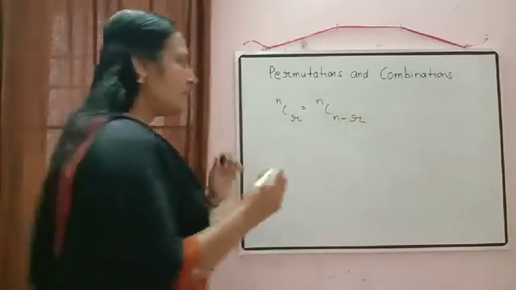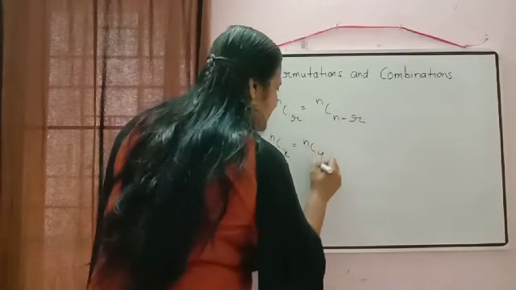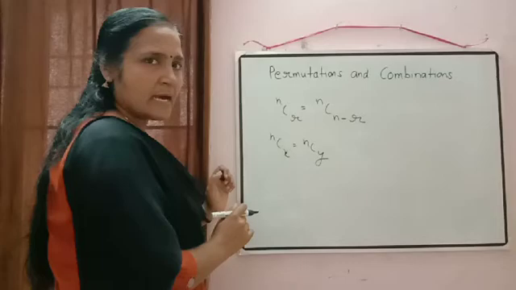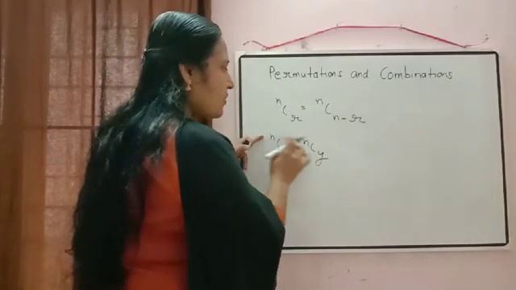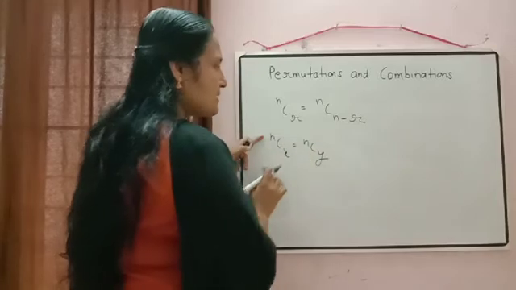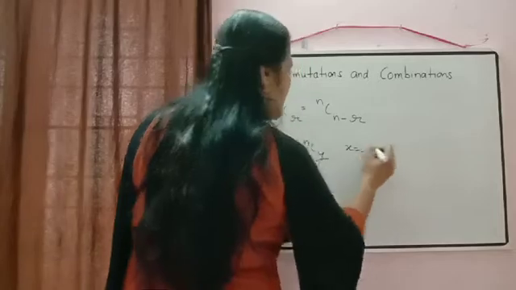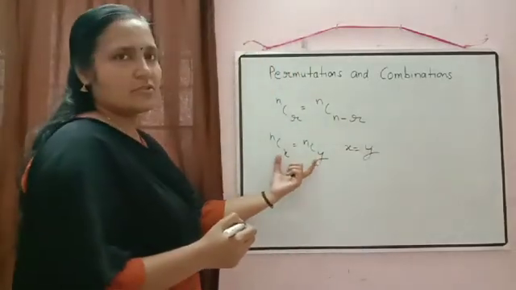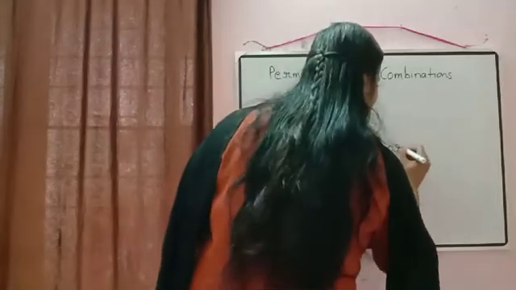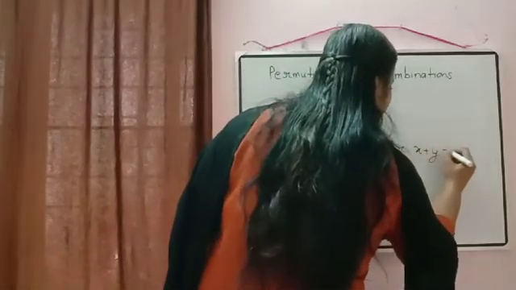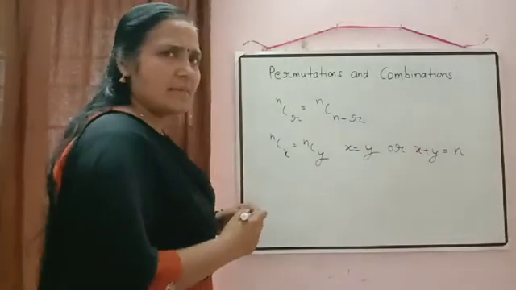The next property we studied: if NCX is equal to NCY, then obviously these two expressions are equal, so one condition is that X is equal to Y. One more condition is there: X plus Y can be equal to N. That property we already proved in the previous class.